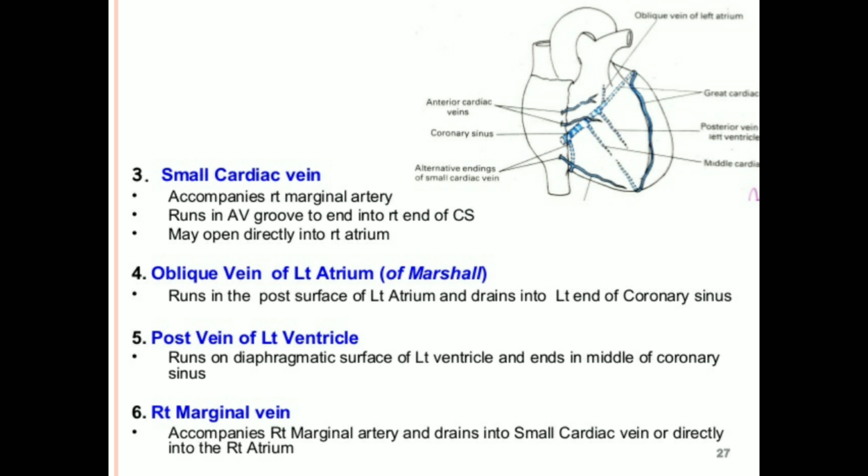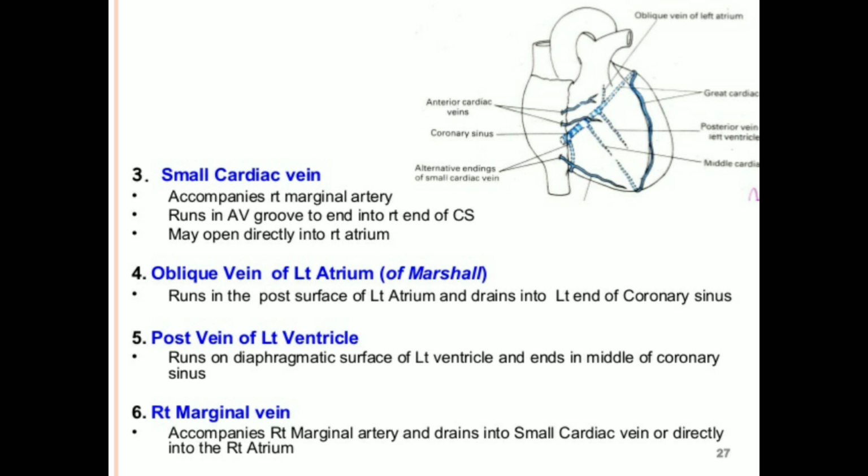Then the next one is the small cardiac vein. It accompanies the right marginal artery, runs in the atrioventricular groove and may open into the right atrium.